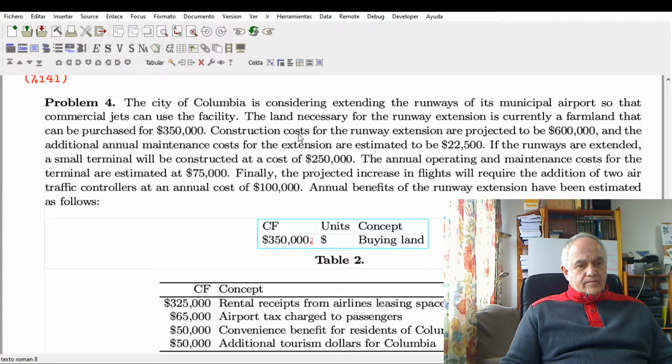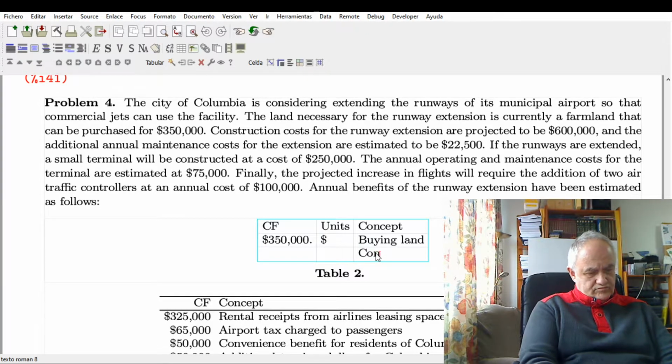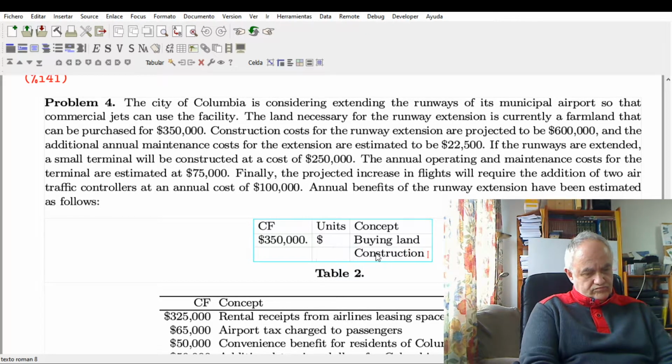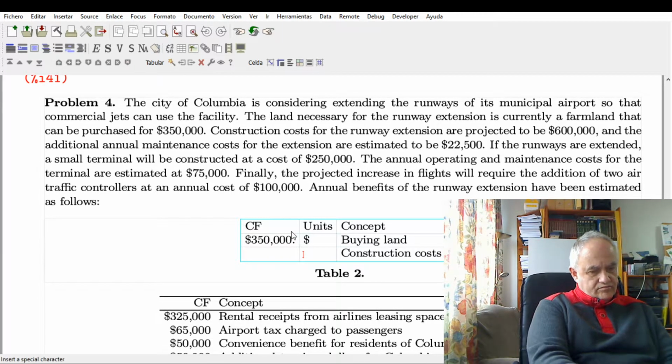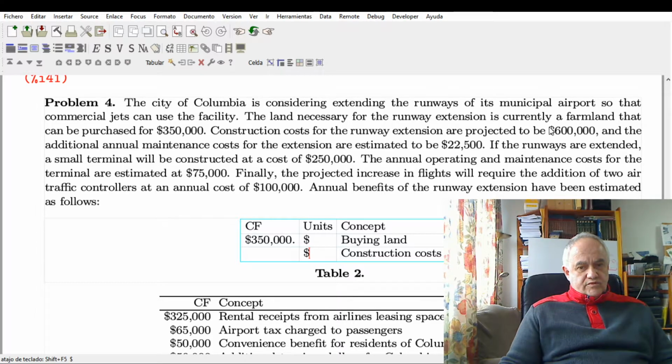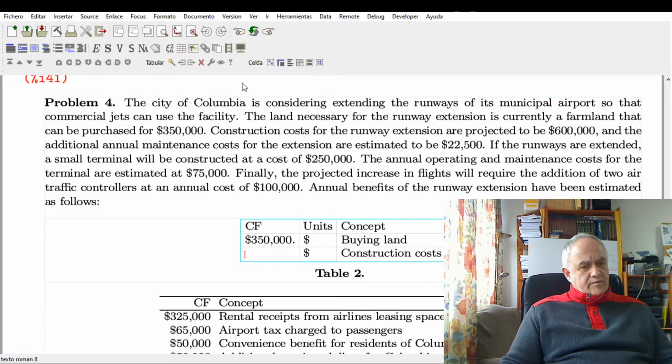Then the construction cost for the runway extension. You have the land, but you have to build the runway. Construction costs are again dollars, 600,000. This is what we know about this. But there is an additional annual maintenance fee.